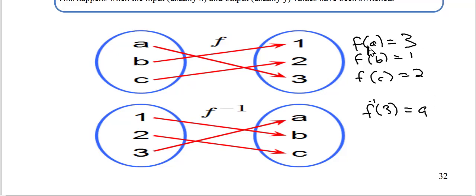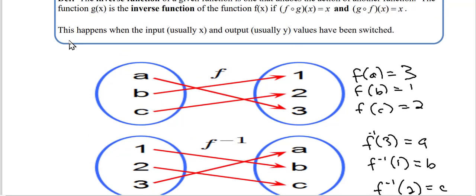It goes the other way. So it's kind of like your x and your y have been switched. Your inputs and your outputs have been switched, is the idea here. So that's what this statement is referring to here.